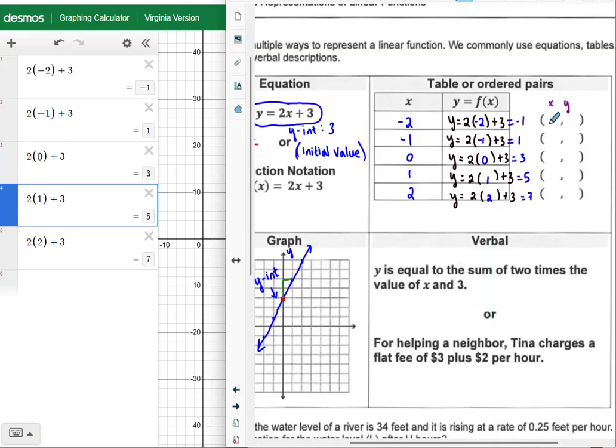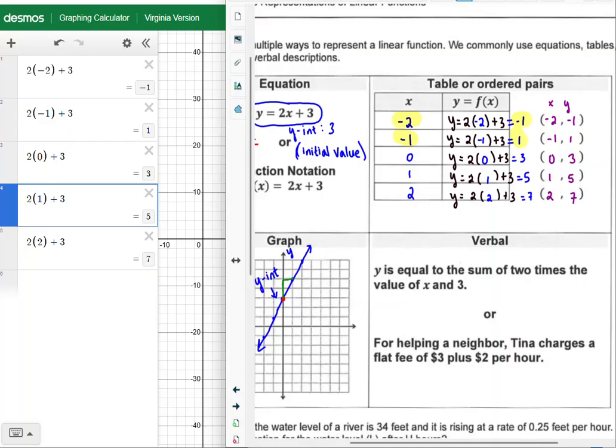So when my x value is -2, my y value is -1. When my x value is -1, my y value is +1, and then so on. -1 goes to 1, then 0 goes to 3, 1 goes to 5, and then 2 goes to 7.